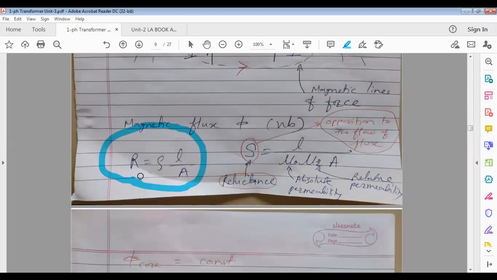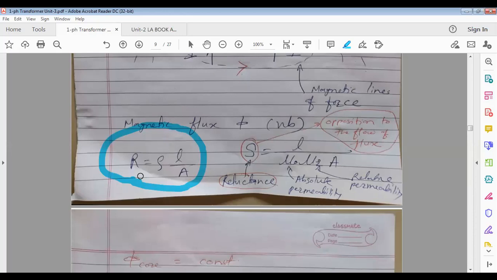There are some similarities in the electric circuit and magnetic circuit. Current in an electric circuit is equivalent to flux in a magnetic circuit. Like current always prefers the minimum opposition path, similarly flux in a magnetic circuit also prefers the minimum opposition path.